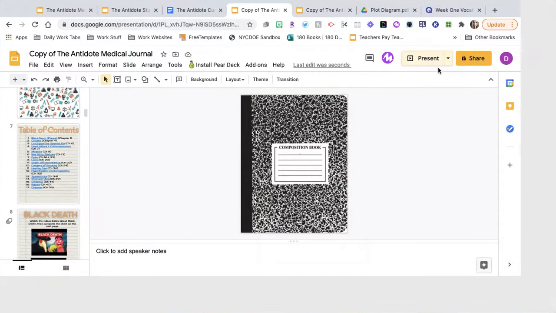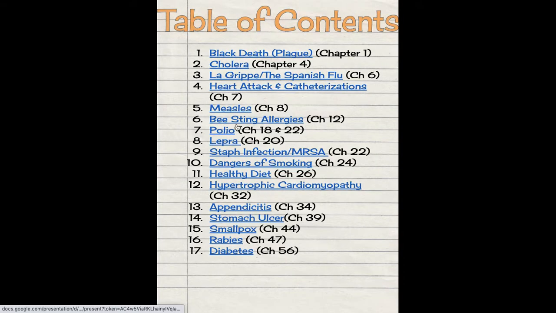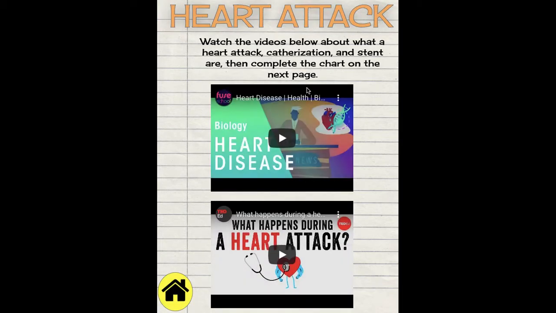When they get to the table of contents, you're going to see the diseases that are featured in the book, organized by chapter. Whatever chapter that disease is mentioned in is listed next to the disease. If you go to one of those slides, you can just click on it.